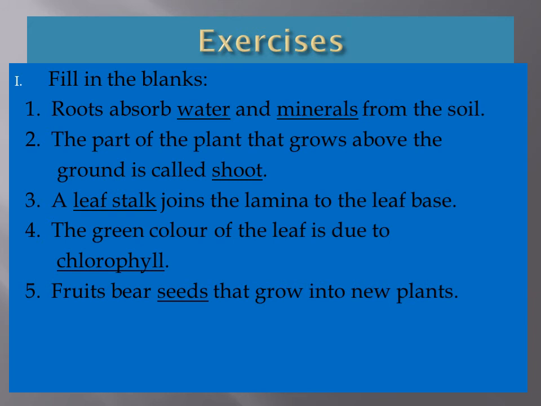The part of the plant that grows above the ground is called shoot. A leaf stalk joins the lamina to the leaf base. The green color of the leaf is due to chlorophyll. Fruits bear seeds that grow into new plants.